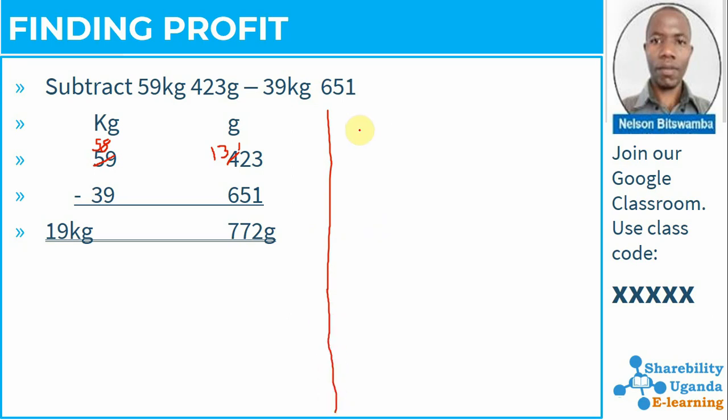You can also use another simple method where, when you have this figure, you have 59 kilograms, we have 423, and here we have 650 grams, 651.